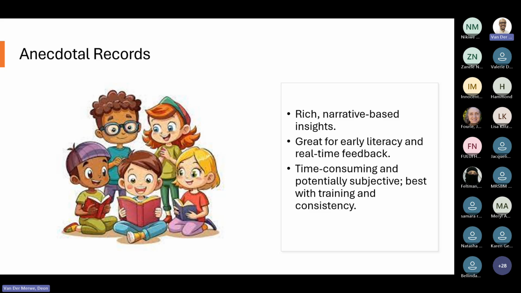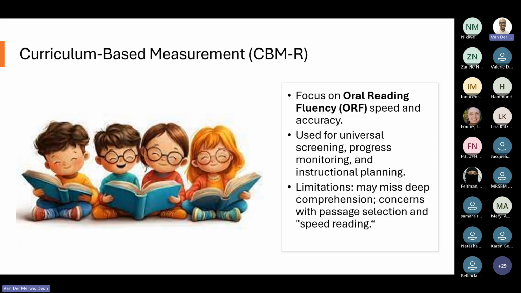And I think it is best used alongside other tools for a fuller picture of the case child that you will be working with. So all of these tools do not exist in isolation, but they all work together in order to create a fuller picture of the needs of the case child that you are working with.